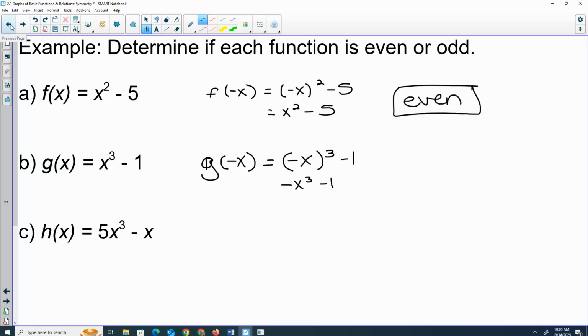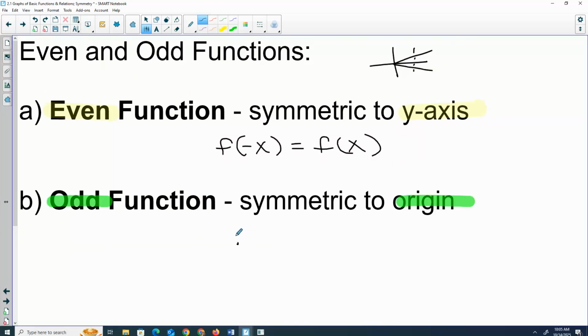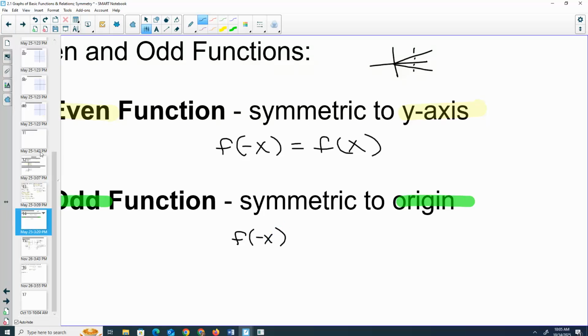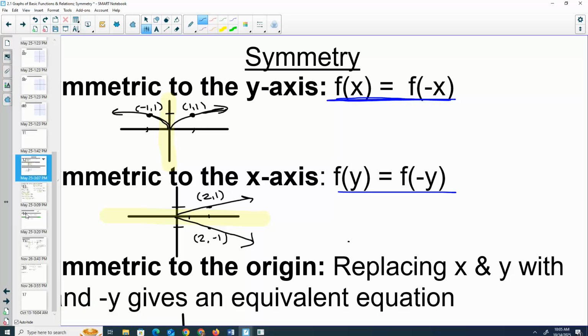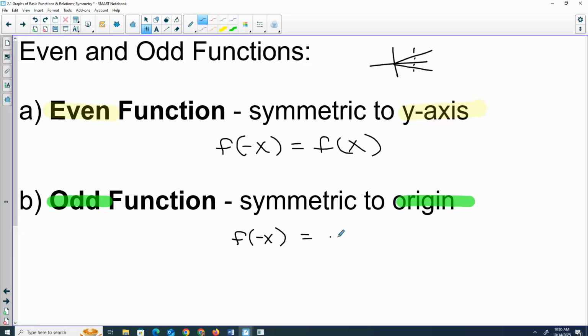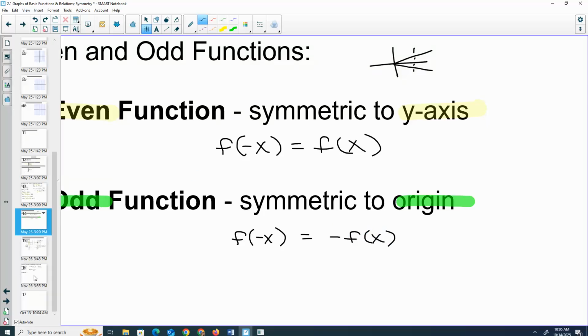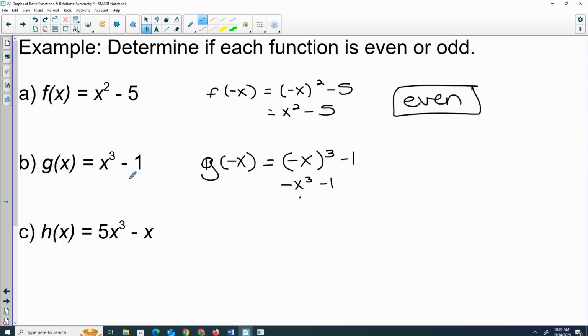So if you think about odd was origin, when symmetric to the origin, both the x and y change signs. So if you put in a negative for your x, you should get the exact opposite for your y. You should get the opposite of what we started with. Is this the exact opposite of what I started with? No, the exact opposite would be negative x plus 1. So this isn't what I started with, it's not the opposite, so this one is neither.